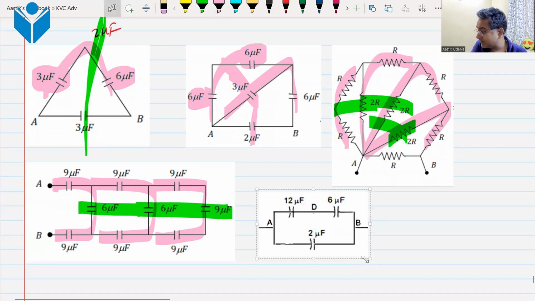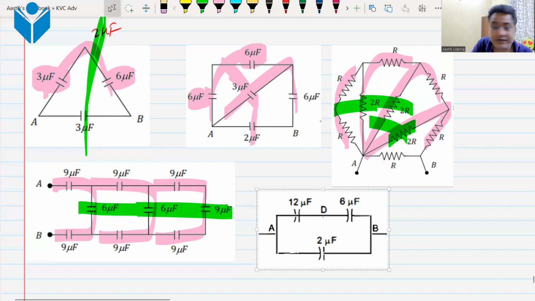You have to find the effective resistance between points A and B. What is the answer for this one?